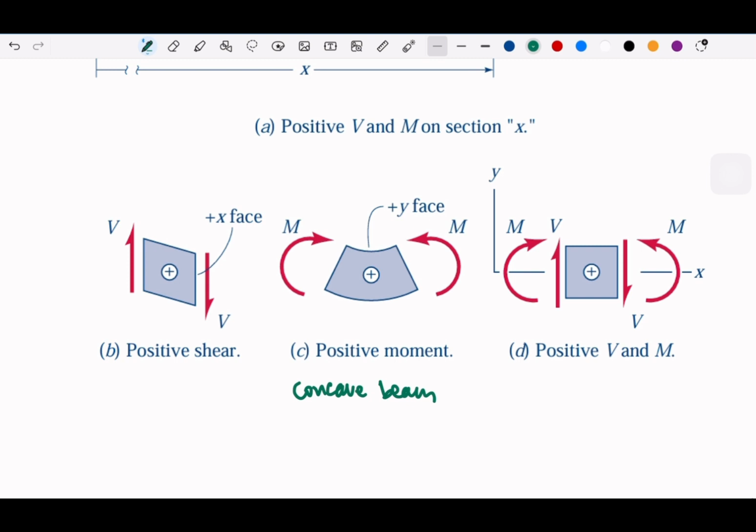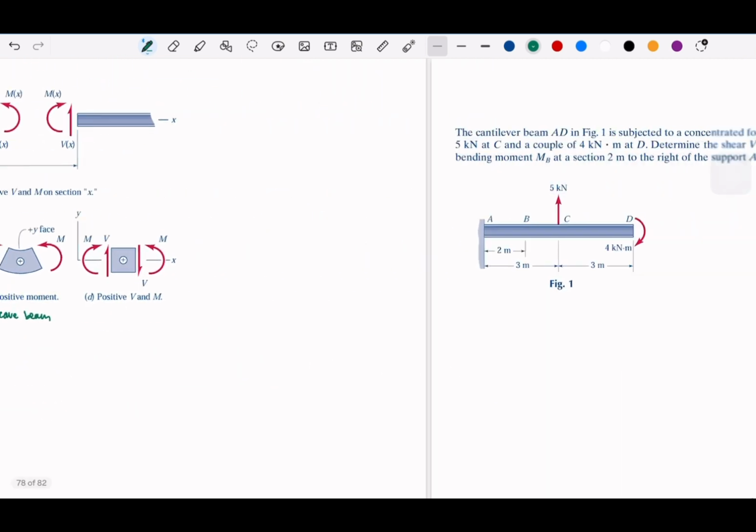So for equilibrium in beams, we are going to see the observations on the shear force and the bending moment, what will be displayed graphically, and how we can make those graphics from the free body diagram. Okay, so let's move to our first example here.